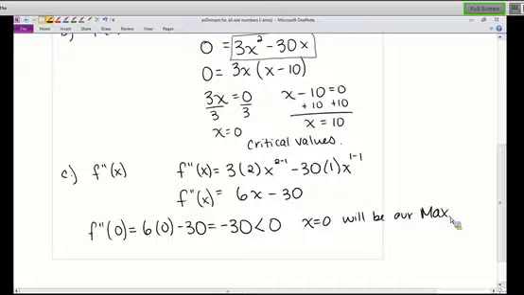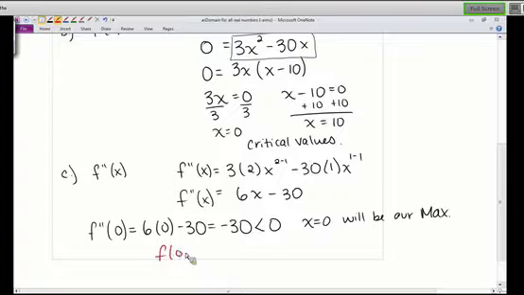Now they are asking us for the maximum point and the minimum point. So since we know that x is equal to 0 is where our maximum is going to occur, in order to find our point or our coordinate, we're now going to substitute 0 back into our original function.